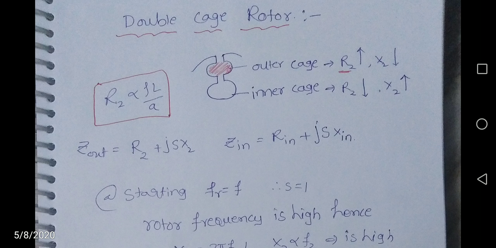It is because rotor resistance is very less. So to overcome this problem, we go for the skewed rotor method and the double cage rotor method.